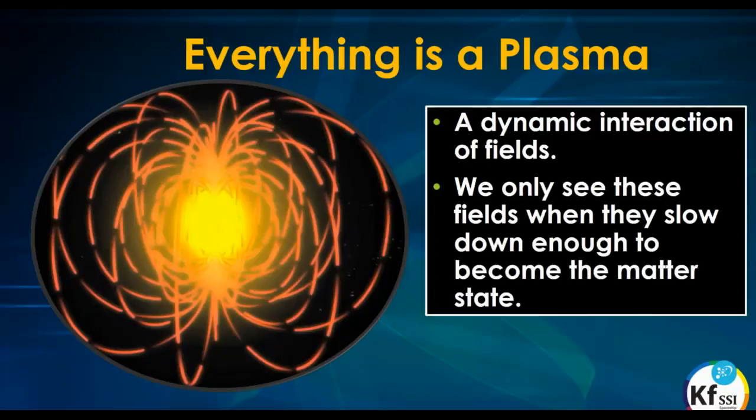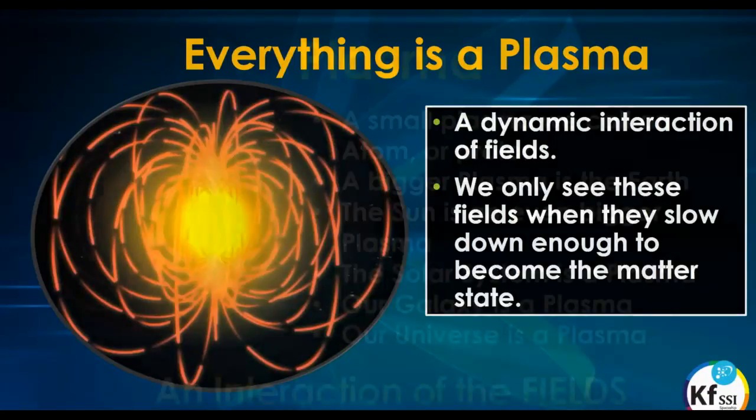And we only see these fields when they slow down enough to become the matter state. These fields are going at different strengths out there, and that's why we don't see them. So we only see those which have slowed down enough for us to be able to see it as the matter state.